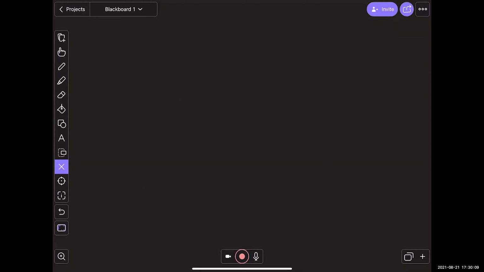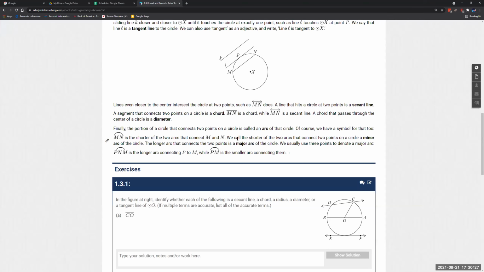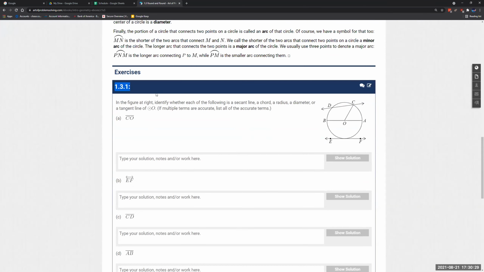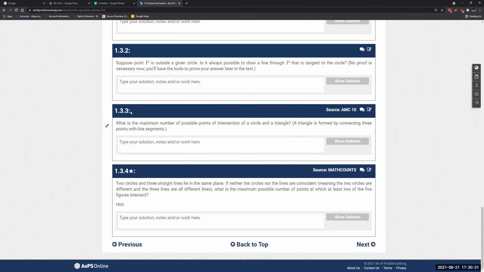Yeah, see ya. I have a question. Go for it. Is it like the whole section, or do we only have to do 3 problems? Like for example, on here, let me just screen share. If you look here, you have exercises 1.3.1, 1.3.2, 1.3.3.